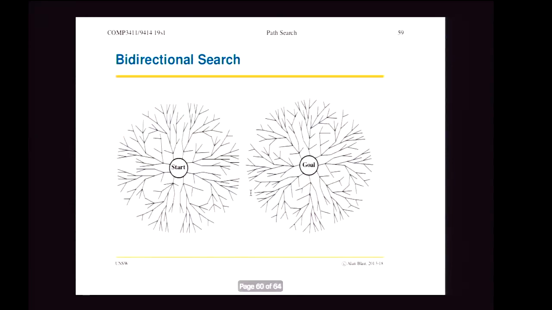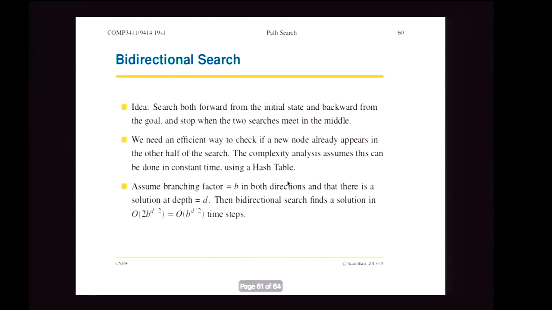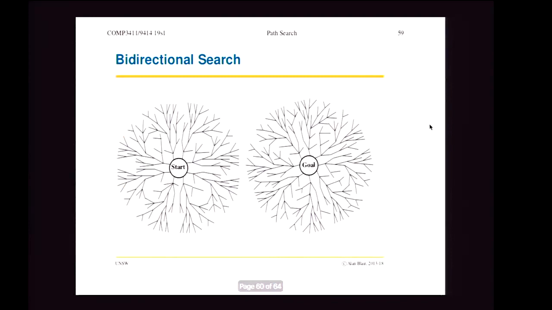Now, there's a couple of caveats about this. First of all, we have to have a way of searching backwards from the goal. For some puzzles, there could be multiple goals, and you don't know which one you're going to get to, so you wouldn't be able to do this. Or sometimes it's impossible to work backwards.